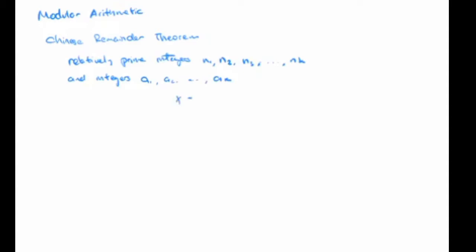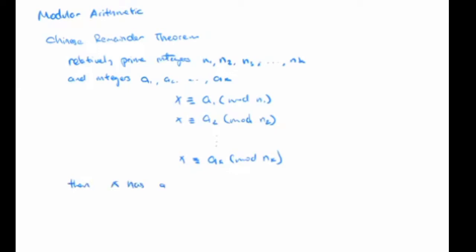Then if we're given the system of equations, x is congruent to a1 mod n1, a2 mod n2, so on to x is congruent to ak mod nk. Then we claim that x has a unique solution mod, or basically x is uniquely defined mod n1, n2, n3 to nk.